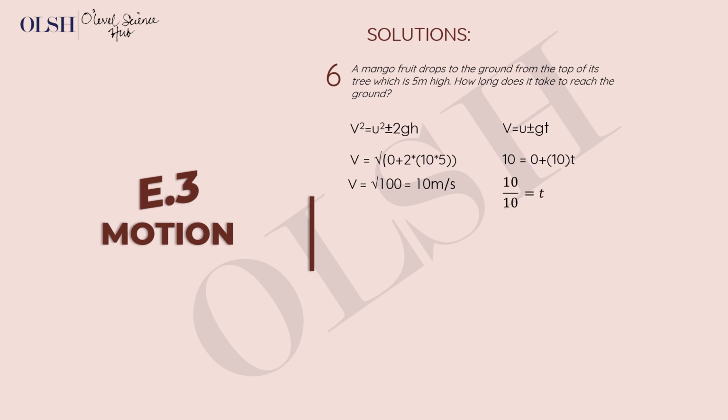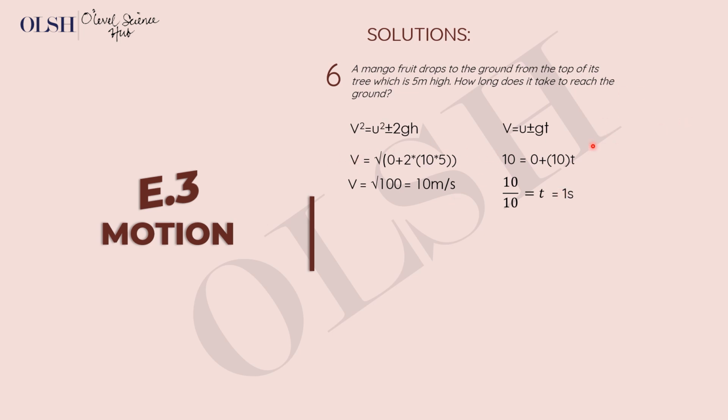If we make t the subject of formula, of course 0 is out of it. We move this 10 to this side. We can divide both sides by 10. If we do that, we're going to have 10 over 10 and 10t over 10. So this 10 here will cancel the 10 beneath, while we're left with t. So we have 10 over 10 equal to t, which equals 1 second.